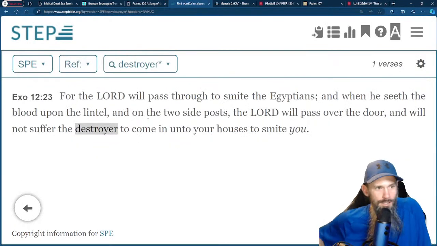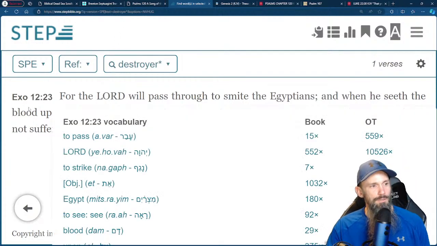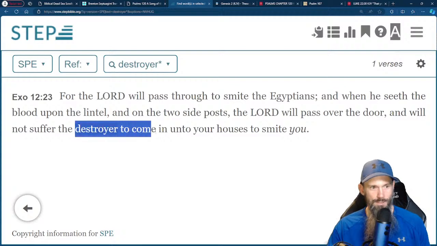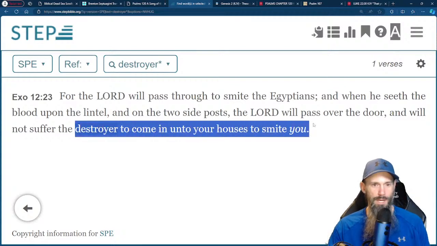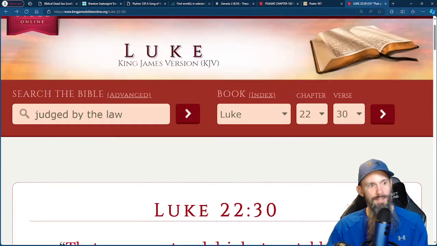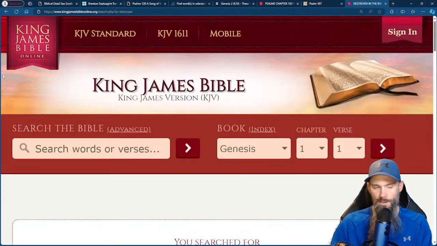There we go. Now they got a search feature. Exodus 12:23, for Yahuwah will pass through to smite the Egyptians, and when he seeth the blood upon the lintel and on the two side posts, Yahuwah will pass over the door, and will not suffer the destroyer, Satan, to come in unto your houses to smite you. Excuse me. Now that is cool. So we know the destroyer is Satan.